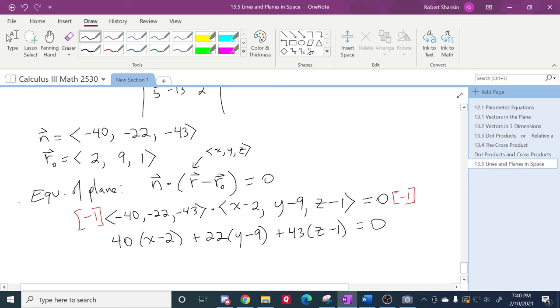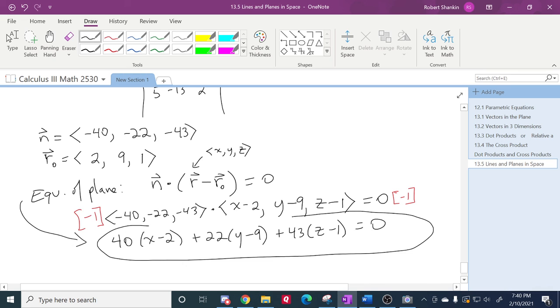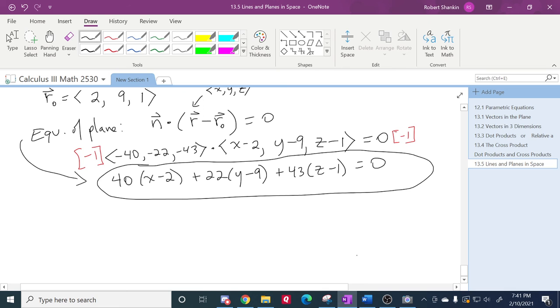There is my equation of the plane right here. And I'm satisfied with it being in this format. Don't have to multiply it out, put the constant to the other side. And we are done.